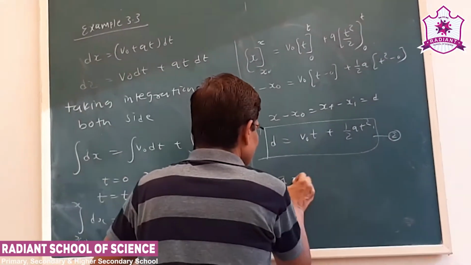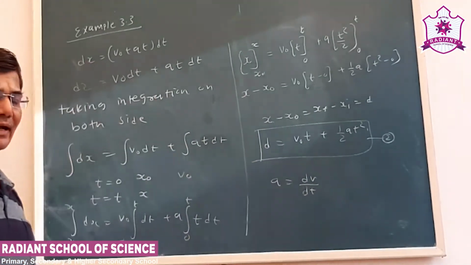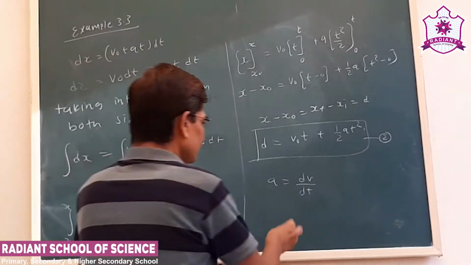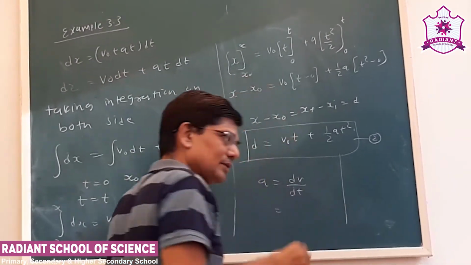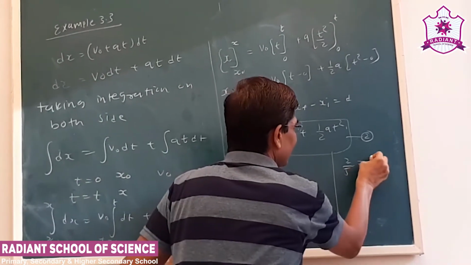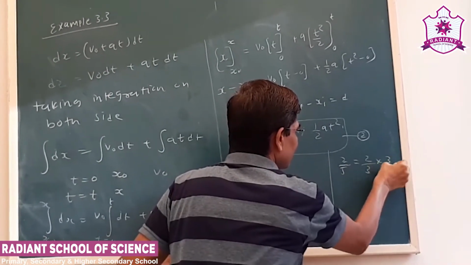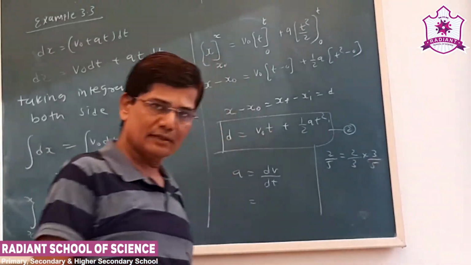Now we know acceleration a is dv by dt, that we have used. Next we are taking the help of the chain rule. See, it is similar to a multiplication process. Suppose it is 2 upon 5, we can write 2 upon 3 and 3 upon 5. Why? We divide and multiply by the same number.